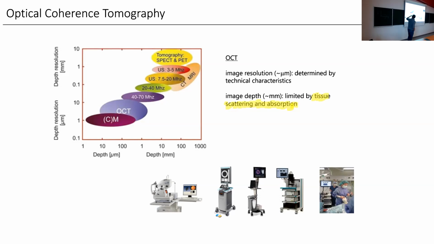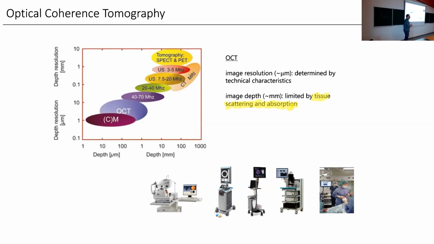To remind you where OCT lives in the overview of imaging technologies, it sits just above microscopy, showing that the depth of this image is in the millimeters. It's kind of unique. Without the microscope, you would not be able to look as deep into the tissue, but with better resolution.